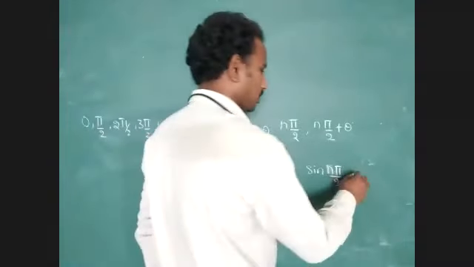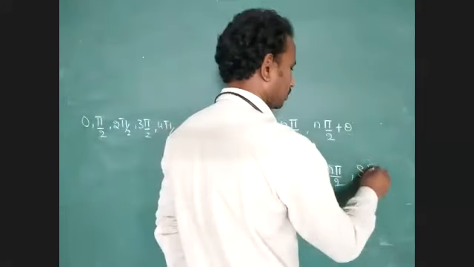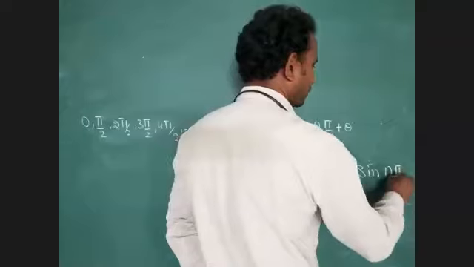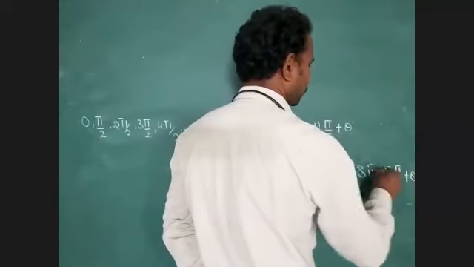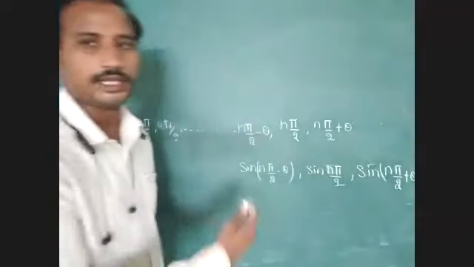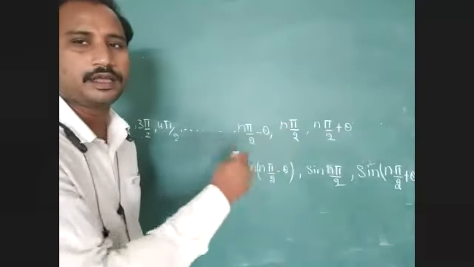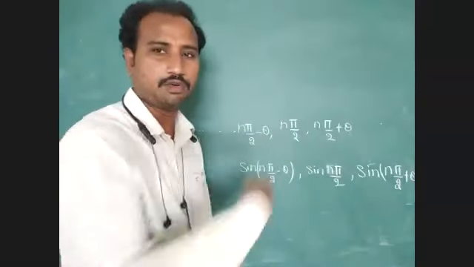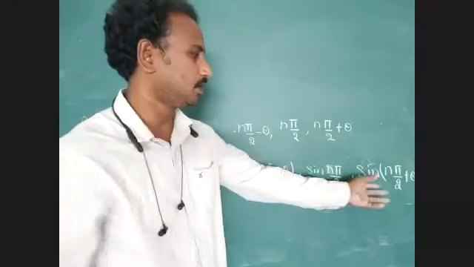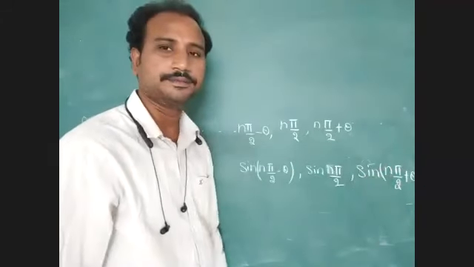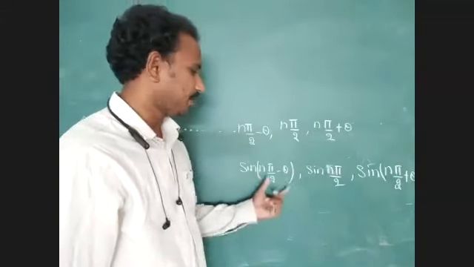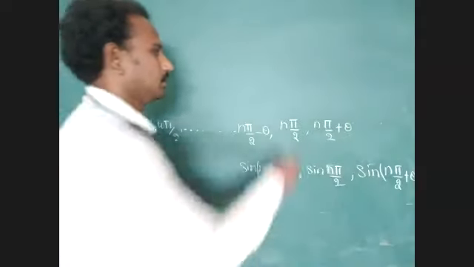Next one, sine of n pi by 2 plus theta. More than 0 degree, more than 90 degree, more than 180 degree, more than 270 degree, we have to consider with the help of this function. Yes or no? N pi by 2 minus theta means, here just identify.